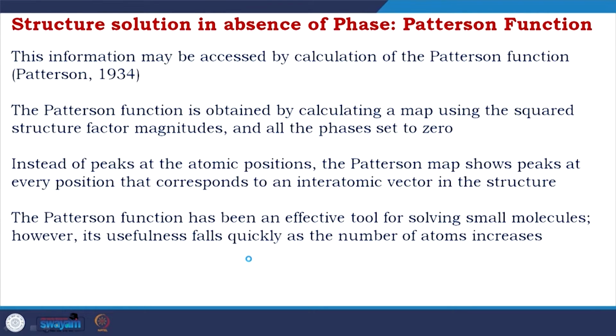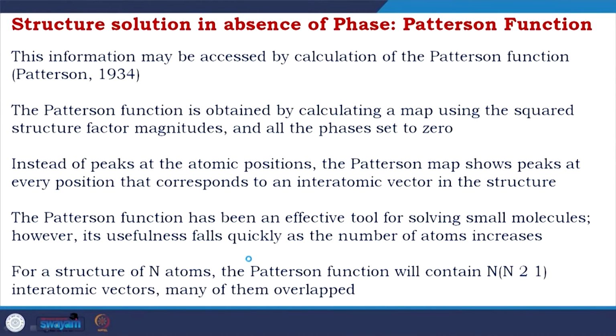The Patterson function has been an effective tool for solving small molecules. However, its usefulness falls quickly as the number of atoms increases. So, it is possible to calculate it without getting the information about the phase, but the more atoms there are, the more complexity, and the method becomes less effective.